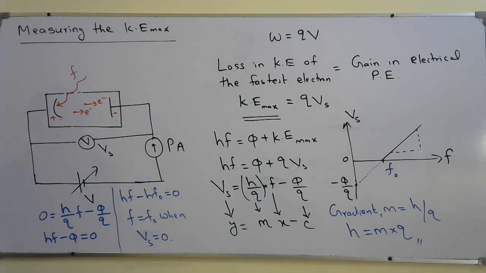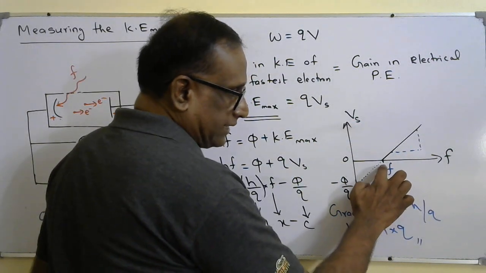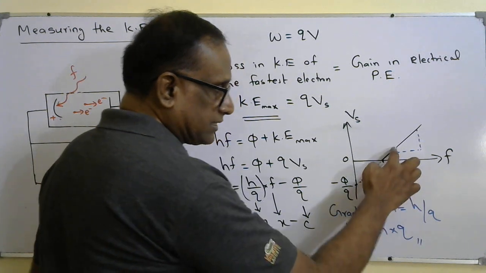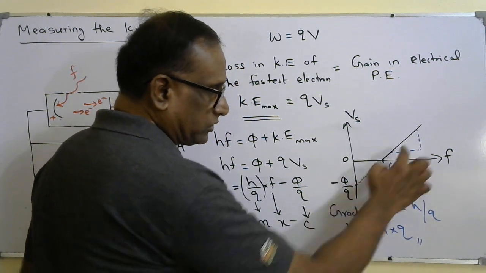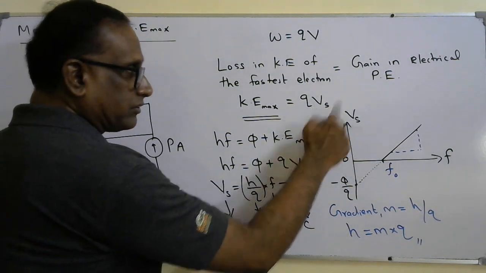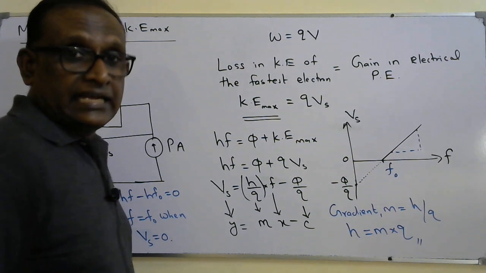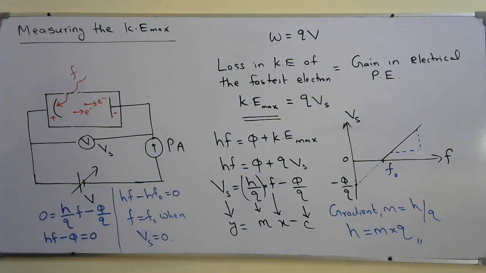Remember what quantities are used as the y-axis and x-axis, and which quantities can be found by using the graph: where it cuts the x-axis, threshold frequency; where it cuts the y-axis, phi over Q; gradient gives h over Q. Remember that. Here I am plotting a graph of stopping potential against frequency for different known frequencies of electromagnetic radiation.